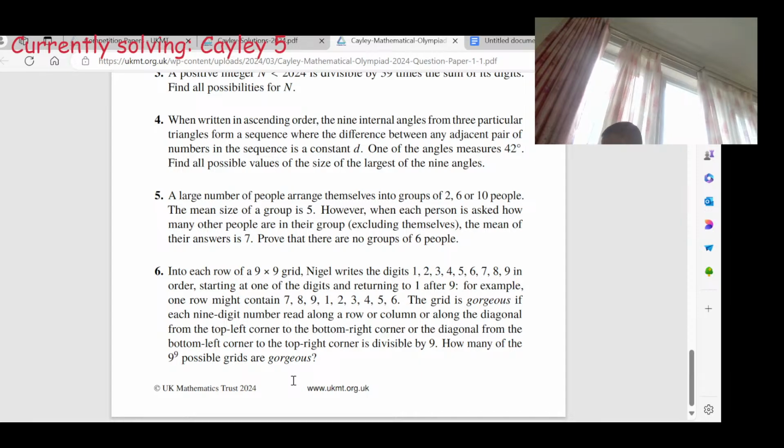Oh my god, I am a clown. The number of people in the group is, okay, so 14x, 42y, and 70z.